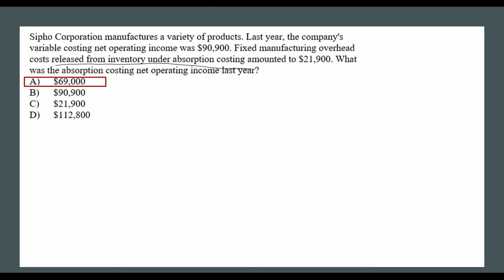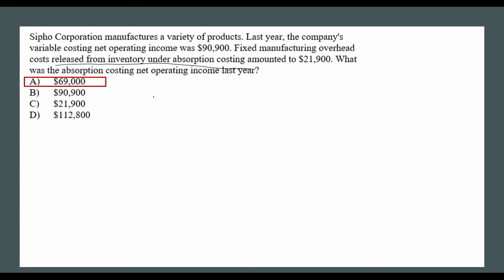If that is the wording, it means we recognize additional fixed manufacturing overhead costs from inventory, making the cost of goods sold under absorption costing higher than under variable costing, and making the net operating income under absorption costing lower than the net operating income under variable costing.